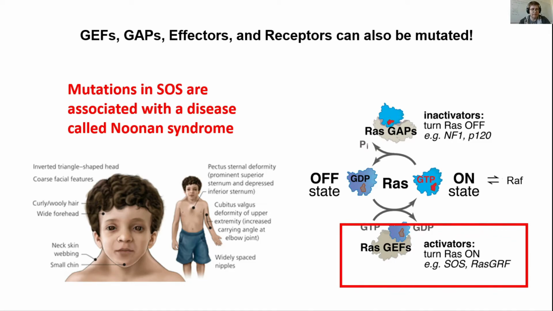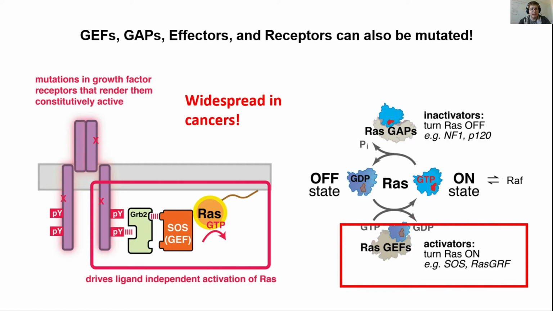Ultimately it's not only the appearance, but the health and biology of this individual is severely compromised. And then finally, remember that GEFs, GAPs, and their activity are all regulated by receptors that set how much GEF activity is going to be present, how much GAP activity is going to be present, and so on. There are mutations in growth factor receptors that can render them constitutively active.